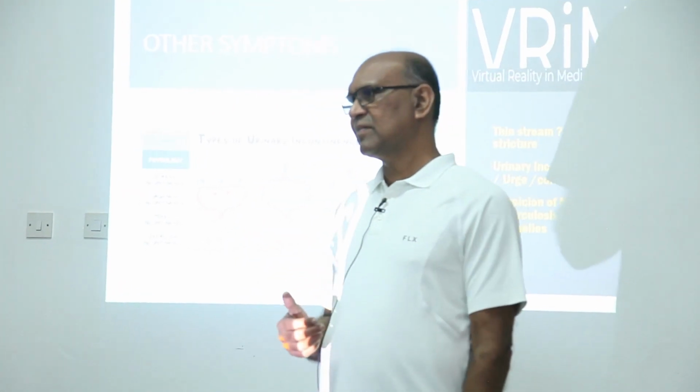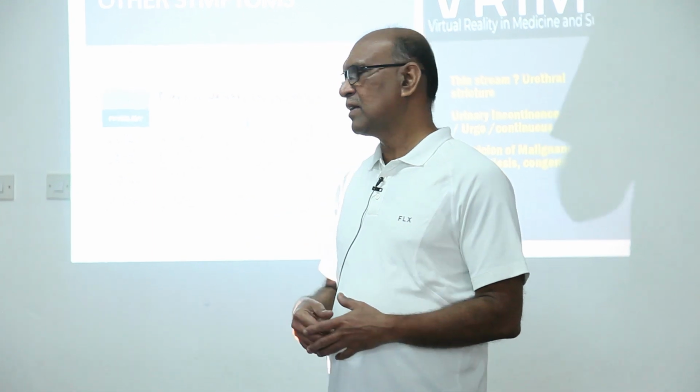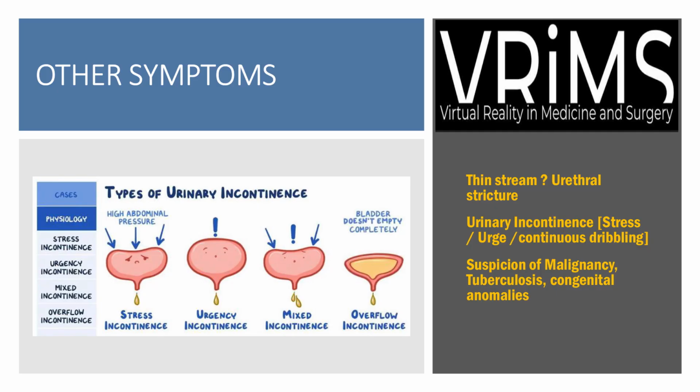Then what is incontinence? What does incontinence mean? You're not able to control urine, there is a leak. So what are the types of incontinence? It is written there. What is stress incontinence? It's when anything that increases abdominal pressure causes it.